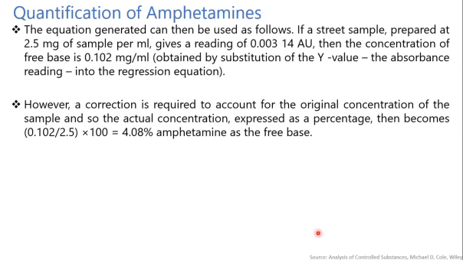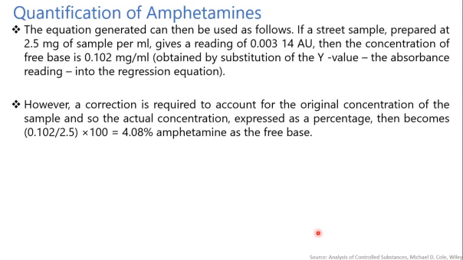Then the equation generated can be used as follows. If a street sample prepared at 2.5 mg of the sample per ml gives a reading of 0.0314 absorption unit, then the concentration of free base is 0.102, which is obtained by putting the values into the equation.